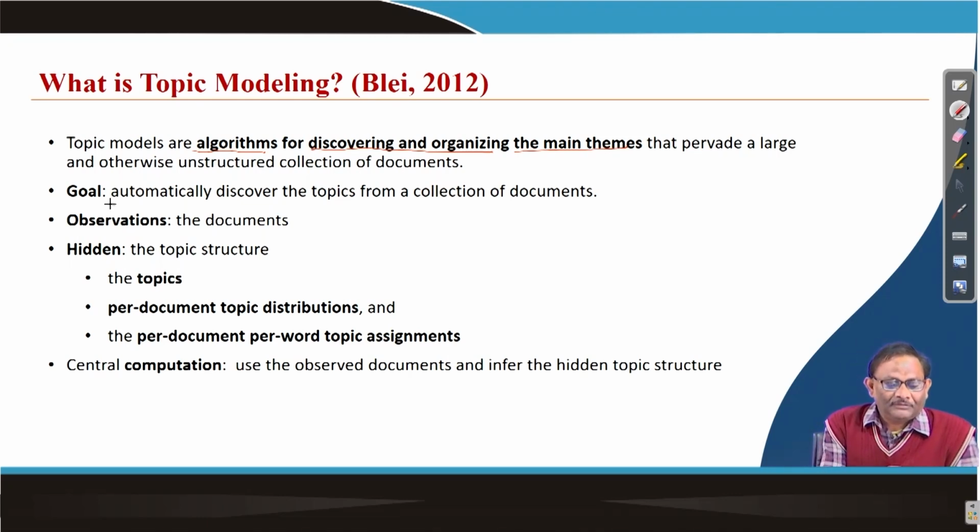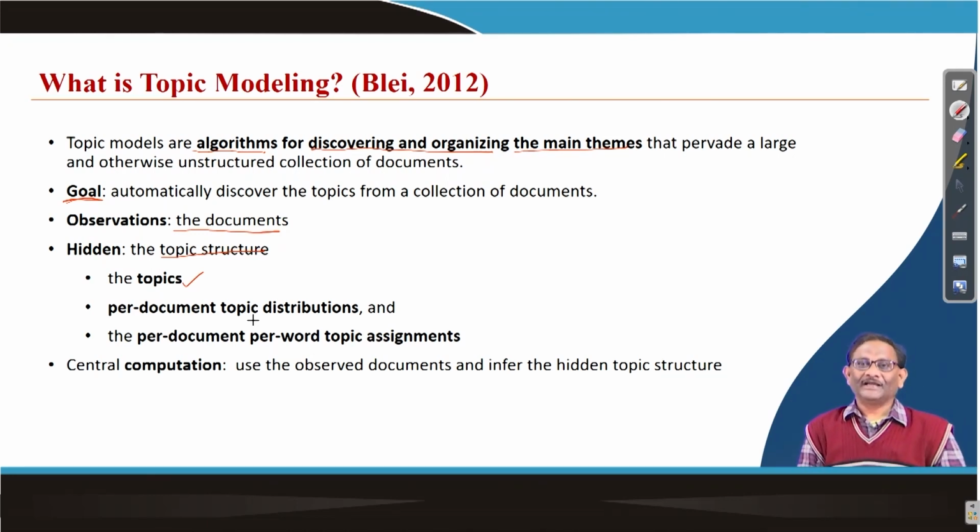Now, the goal is to automatically discover the topics from a collection of documents. The interesting part of topic modeling is that you have observations in terms of documents, and the topic structure is hidden under this: the topics, the number of topics, per-document topic distribution, per-document per-word topic assignments. All of those are not known a priori.